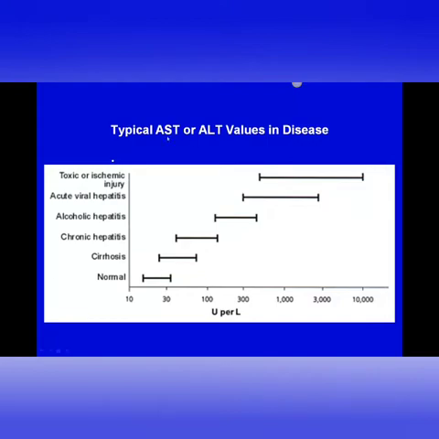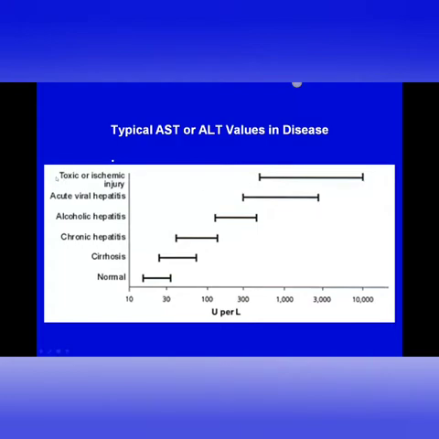So let's look. If you look at the normals, units per liter, the normal levels for AST and ALT are a fairly low range. As we get acute injury, the higher number could indicate, in acute processes that damage the liver, that there's been a significant amount of tissue damage.